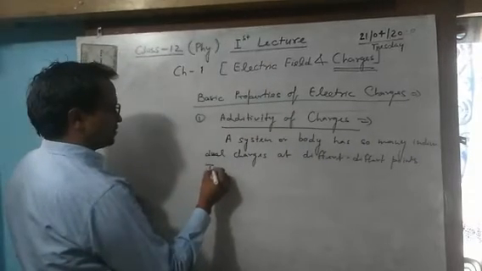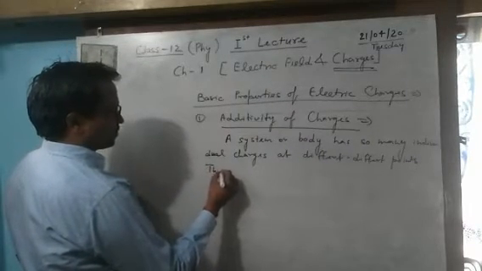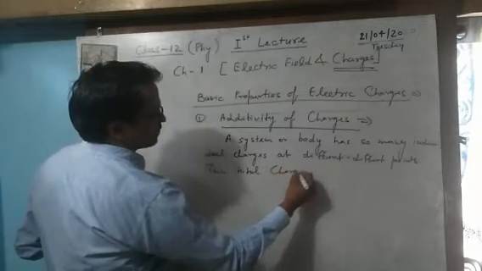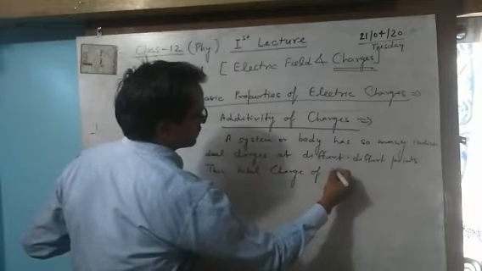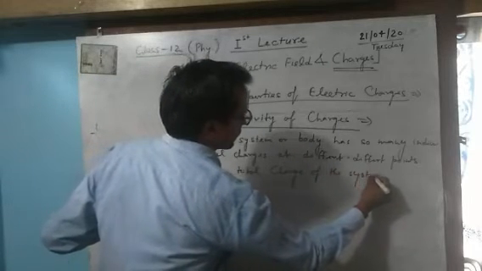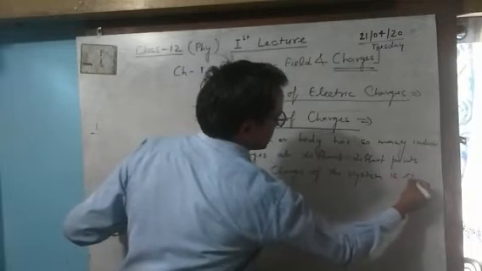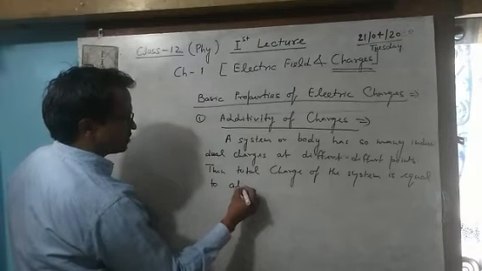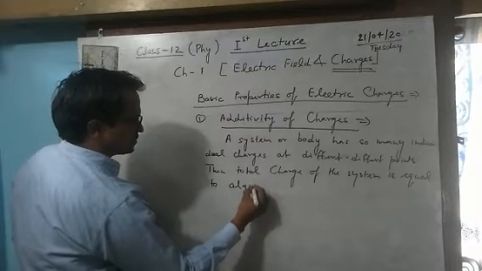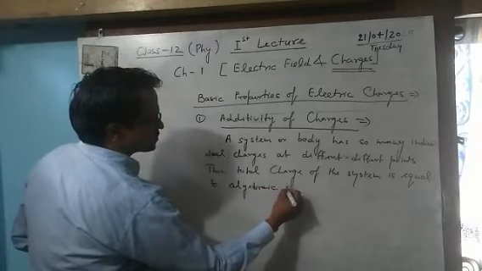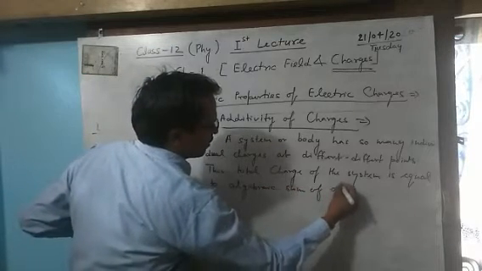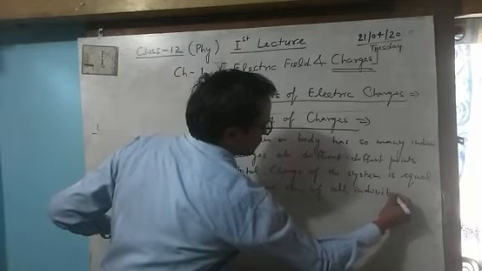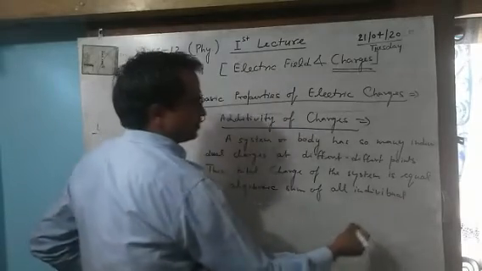Then total charge of the system is equal to the algebraic sum of all individual charges.